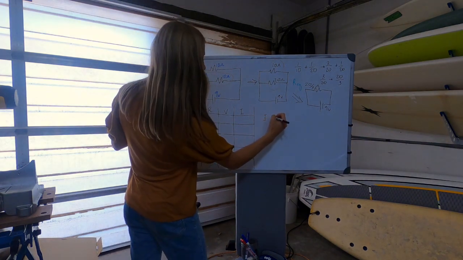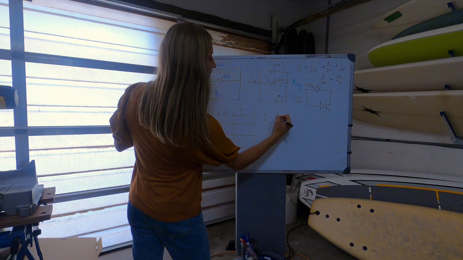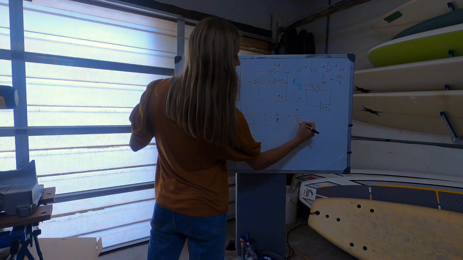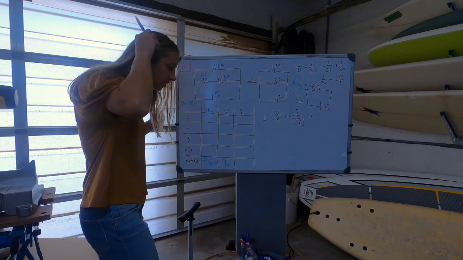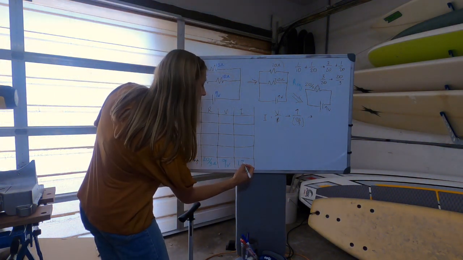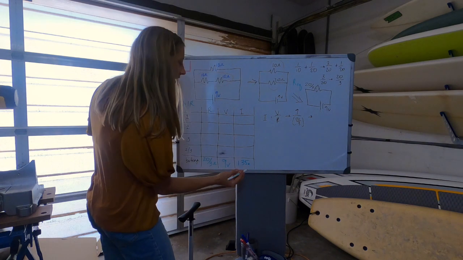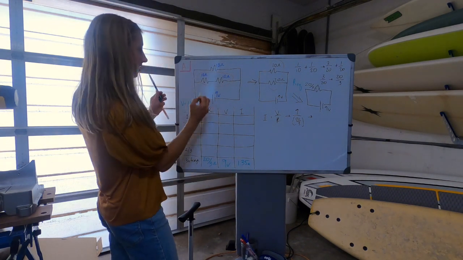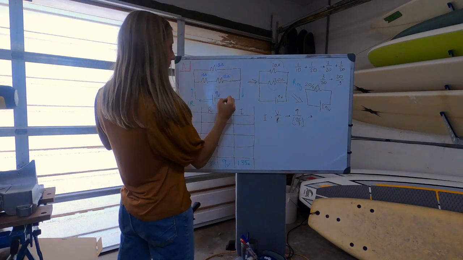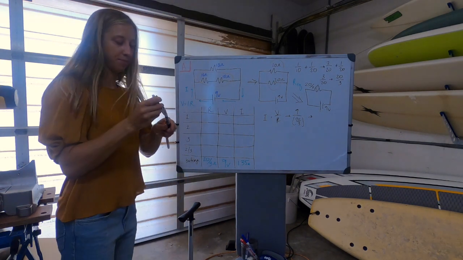Current will be V over R. So 9 over that number. So we end up getting about 1.35 amps for the current out here, for this current.